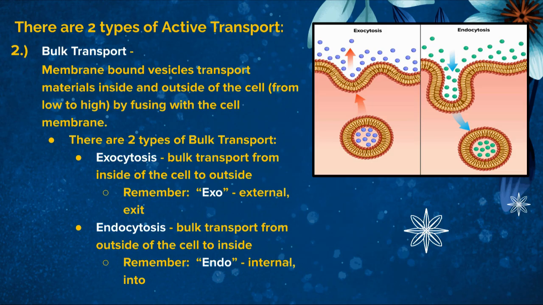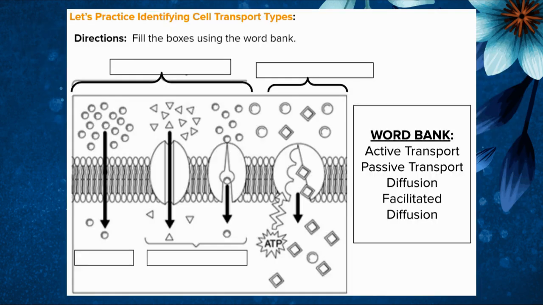And so you have some images on the right hand side of your screen to help you understand that. On the left hand side of that image, you see exocytosis. The vesicle is moving stuff from the inside of the cell and going to release it to the outside. And in endocytosis, the vesicle almost pinches in on itself and brings the materials even further inside of the cell.